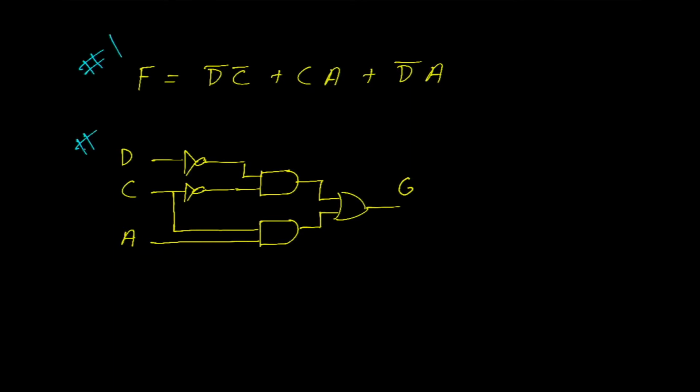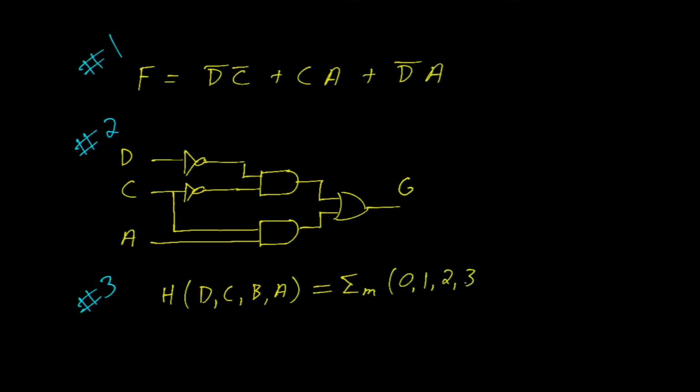This is the second circuit we're going to consider. And now here is the third circuit. We'll let that be expressed as the function H with inputs D, C, B, and A is equal to the compact sum of minterms with terms 0, 1, 2, 3, 5, 7, 13, and 15.